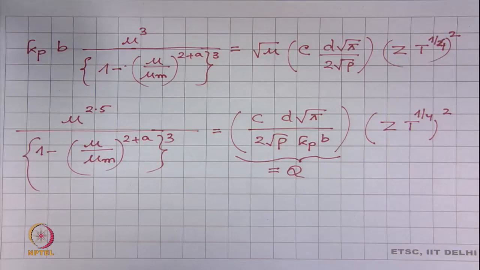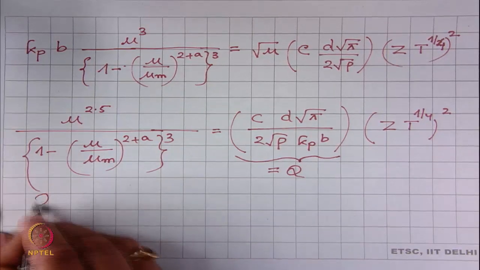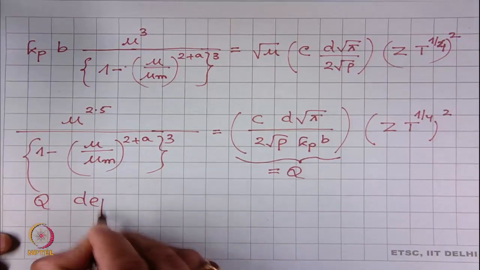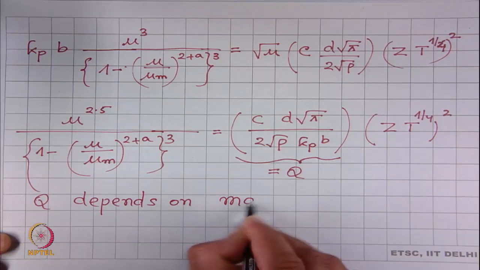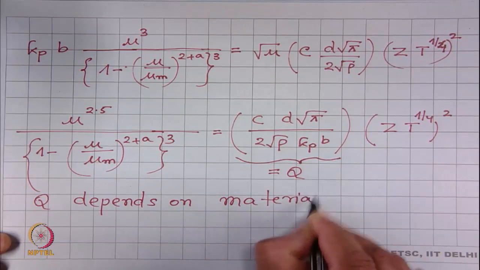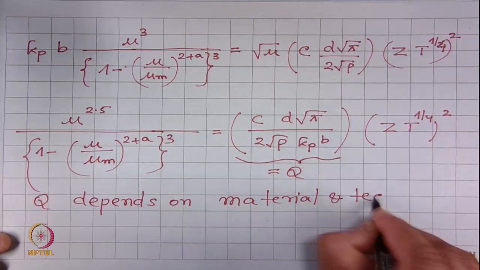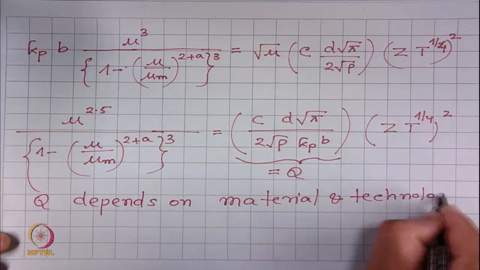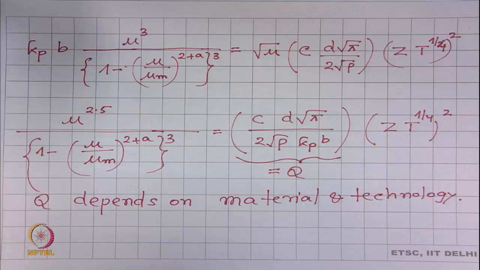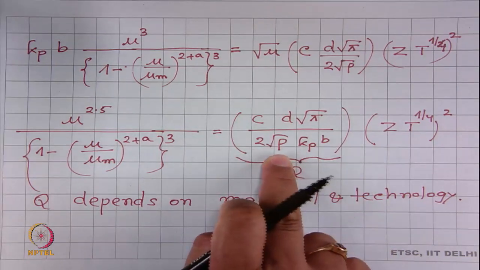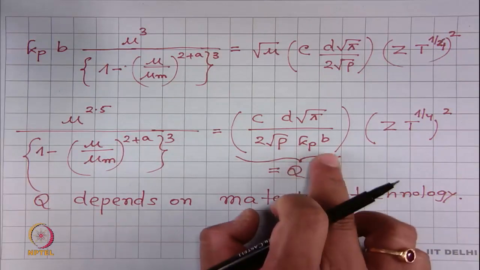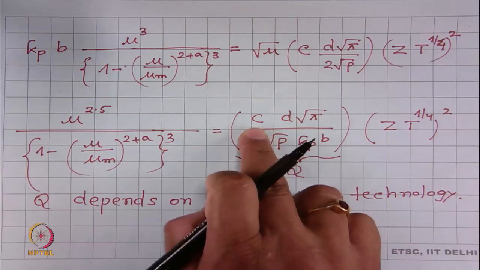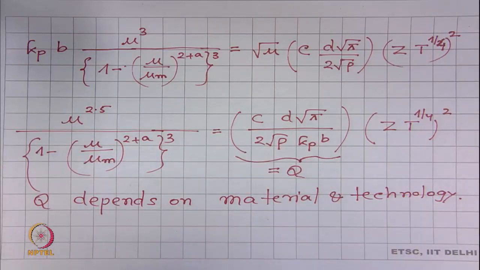So, q depends on material and technology. Why material? Because D is fiber material, rho fiber density, and why technology? Kp will be influence of technology, B will be influence of technology, capital C will be influence of technology. So, basically Q depends on material and technology.